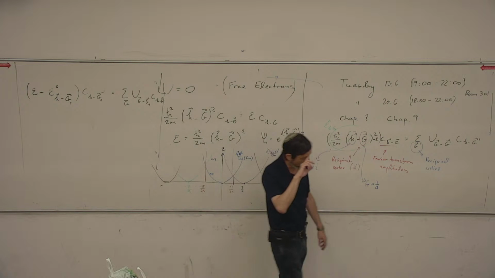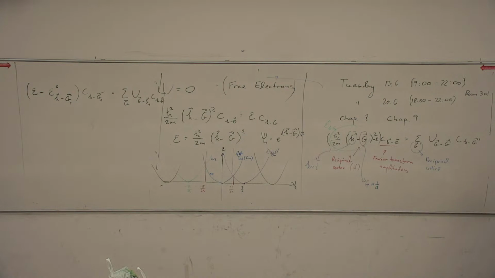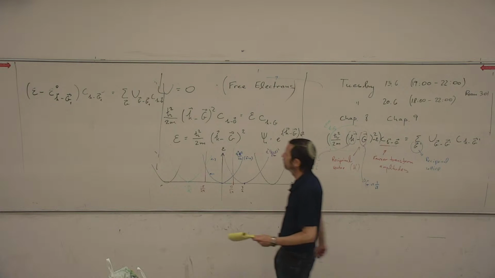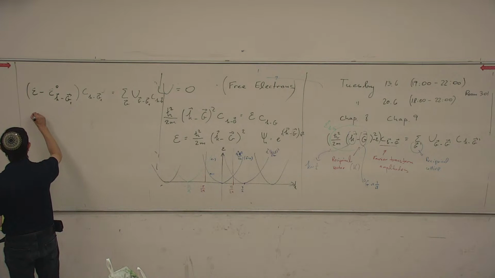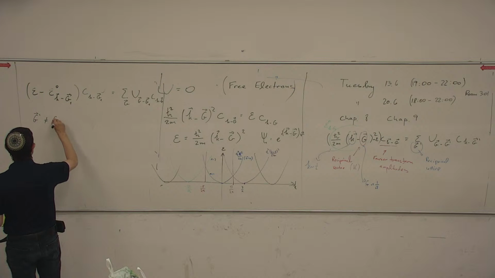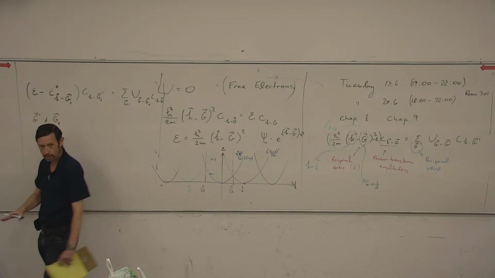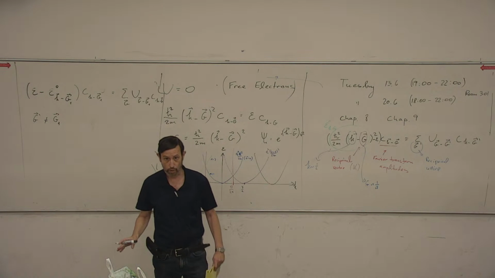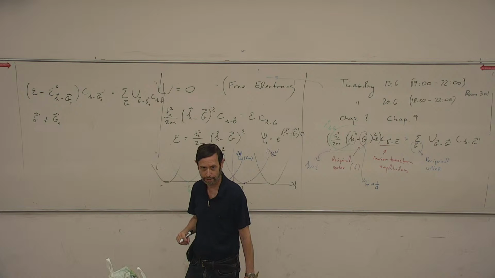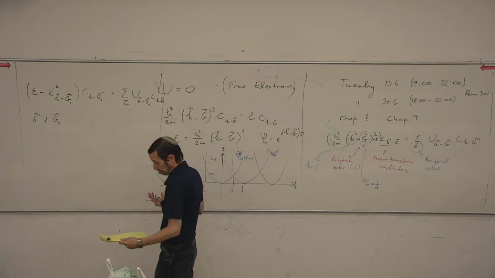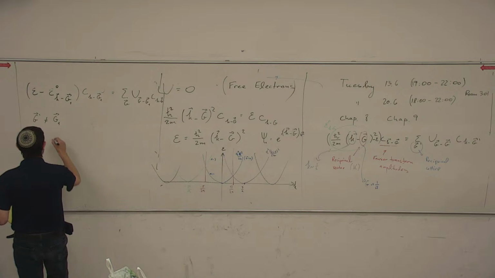Okay, let's see what would be the equation for a coefficient that's not at G1. So for G prime, let's say, not equal G1, all other G's. What is the Schrödinger equation that describes these C's? Okay, the same, basically.